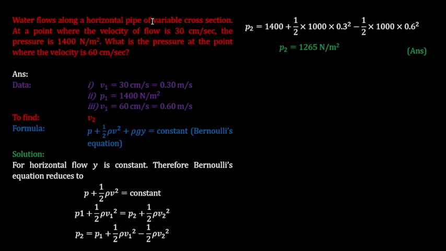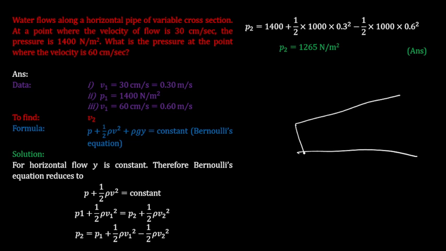Water flows along a horizontal pipe of variable cross section. At a point where the velocity of flow is 30, the pressure is 1400. What is the pressure at the point where the velocity is 60? We have a horizontal pipe and it has a variable cross section. For example, this is the horizontal pipe with different cross section area at different regions.